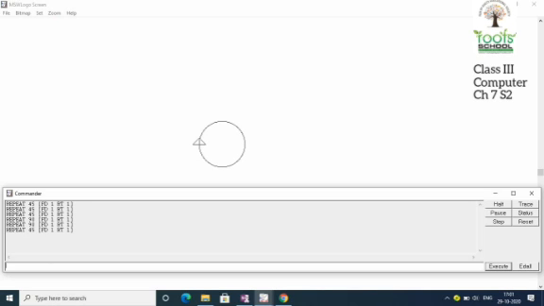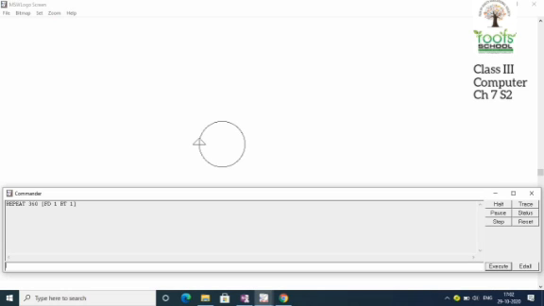So this circle is complete and I write only once. Repeat 360, and 360 by what? Forward by 1 and right by 1. So I will get the entire circle at once because the circle covers 360.